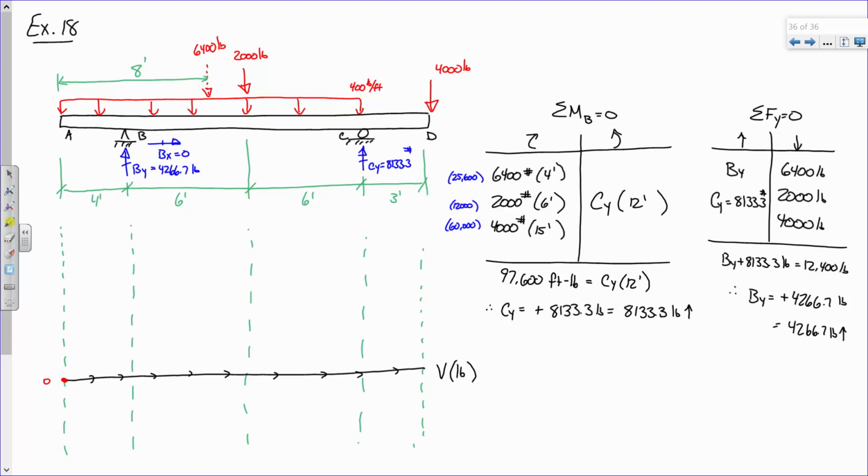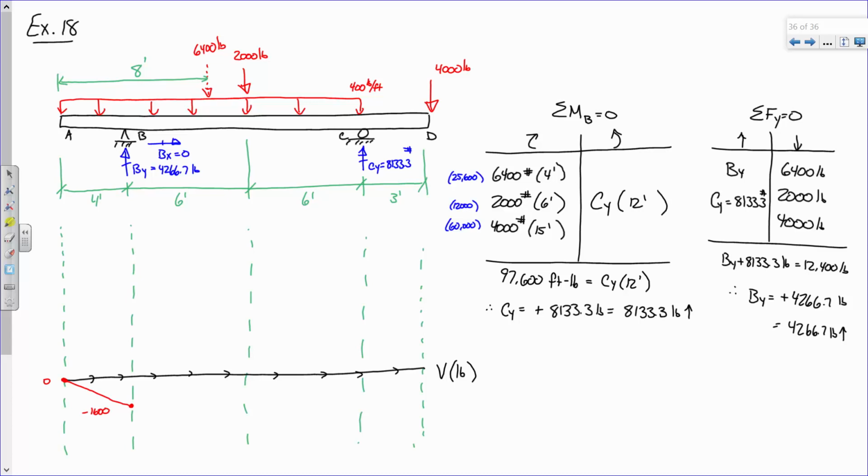I'm going to go down 400 pounds per foot to right there. Now how far down have I gone? If I'm going down 400 pounds per foot for 4 feet, that's 1,600. So the beam says go down, go down, go down, so negative 1,600.